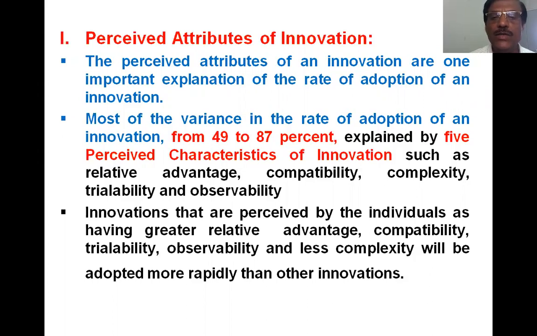These are the five important perceived attributes of innovation. How they influence the adoption of innovation was already discussed in the previous class. They are the important factors that explain the rate of adoption of innovation.